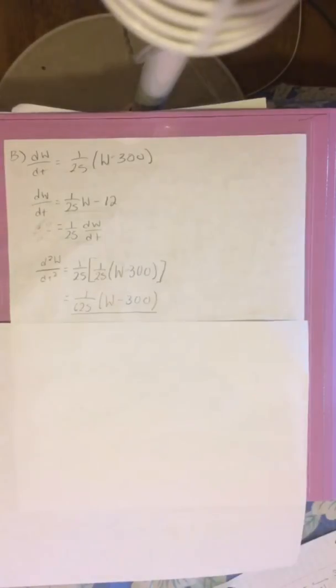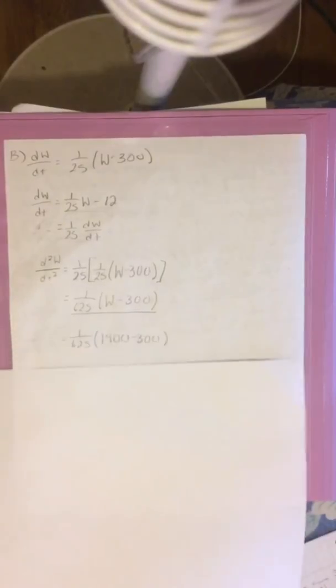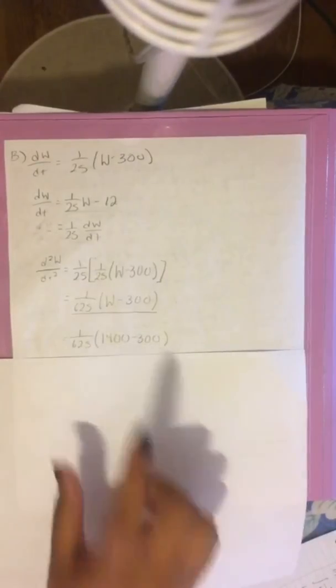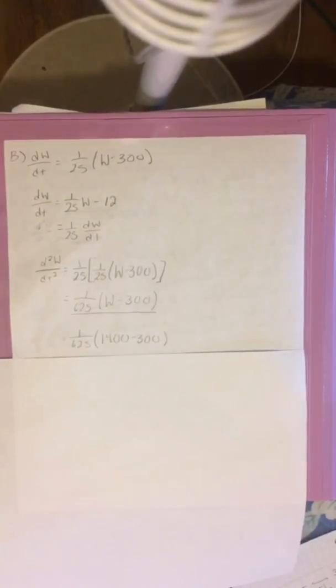So we know at first the landfill contains 1,400 tons of solid waste, and it does say that it is an increasing function, so it's only going to get bigger. So we plug in the 1,400, and we get 1 over 625 parentheses 1,400 minus 300.